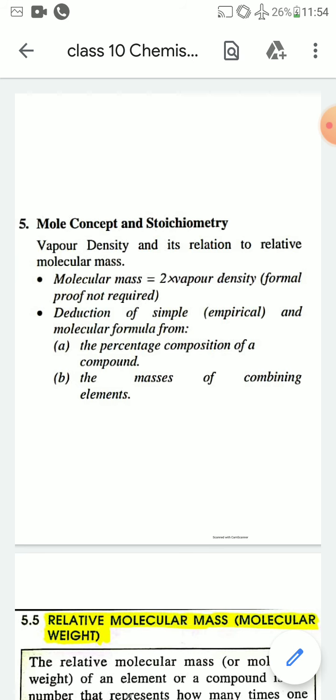Just remember the formula, the relation between molecular mass and vapor density, and deduction of simple empirical and molecular formula from the percentage composition of a compound and the masses of combining elements. This is the reduced chemistry syllabus of chapter 5.